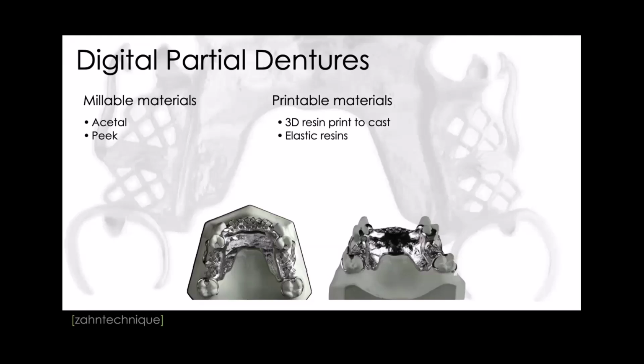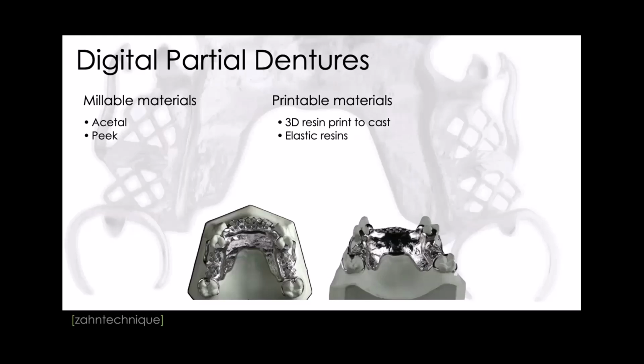It can be milled, right? Which is nice, but the problem is acetyl takes on moisture, and over time it gets soft, right? So when you have an acetyl partial denture, after 1 or 2 years, it will not fit the same anymore. It will definitely give a little bit more and will soften.